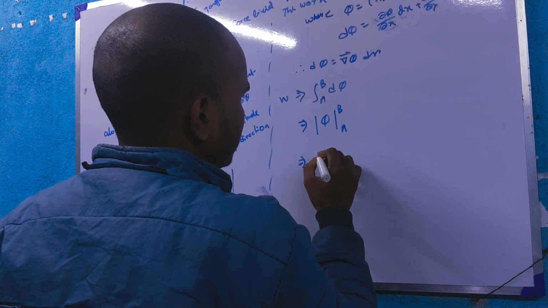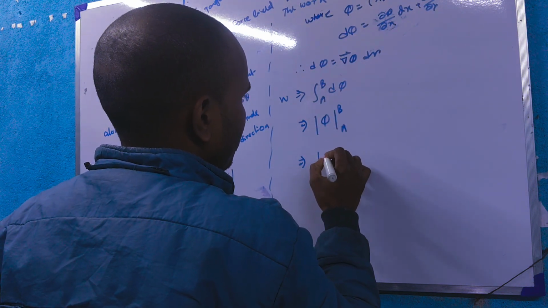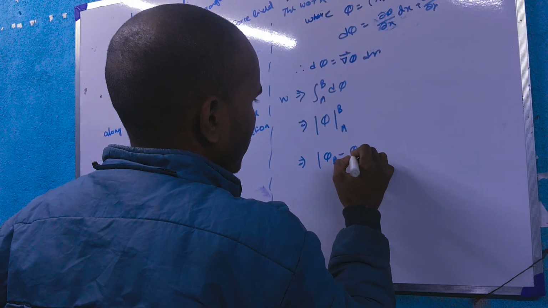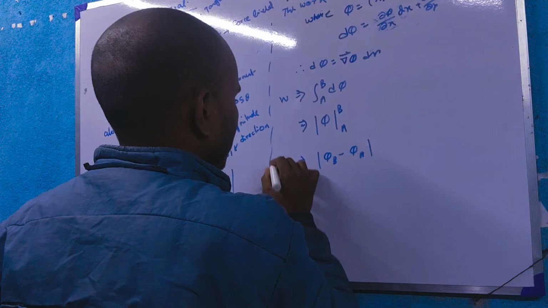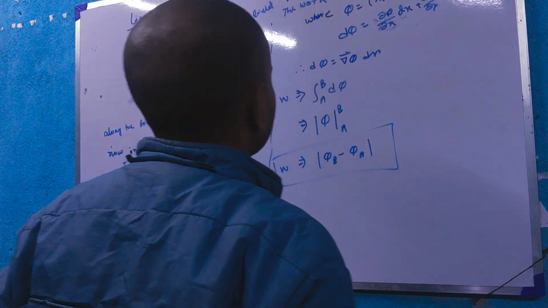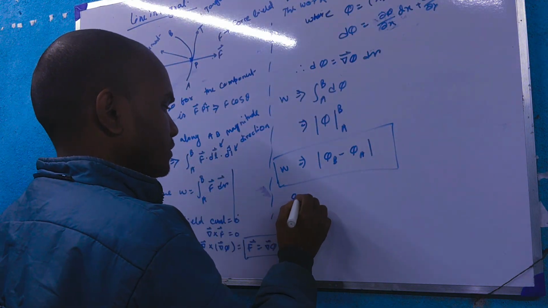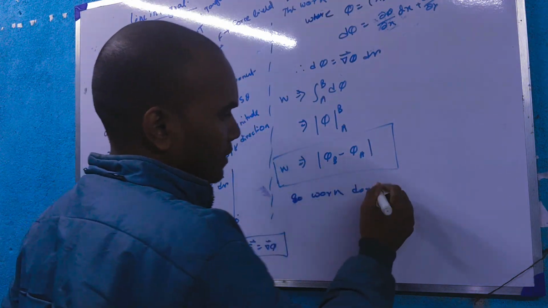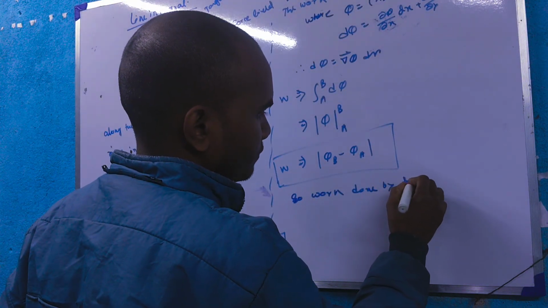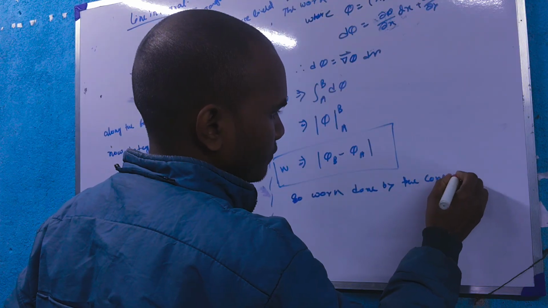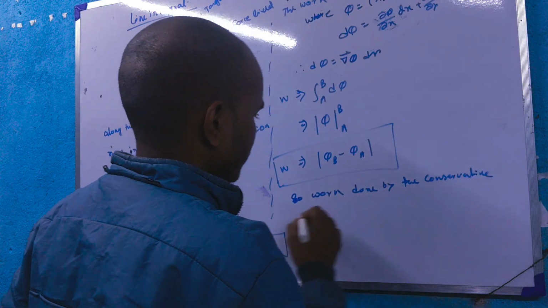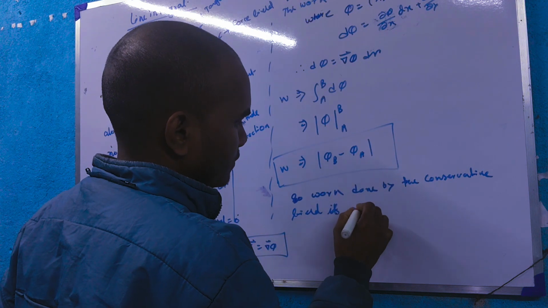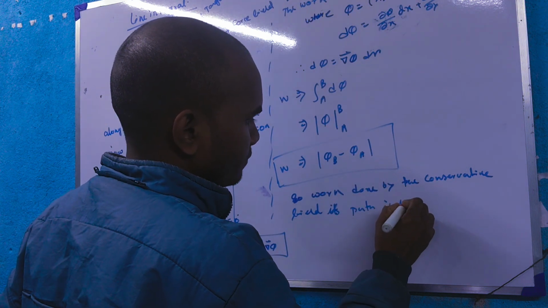After that it will be phi of B minus phi of A. So the work done by the conservative field is path independent.